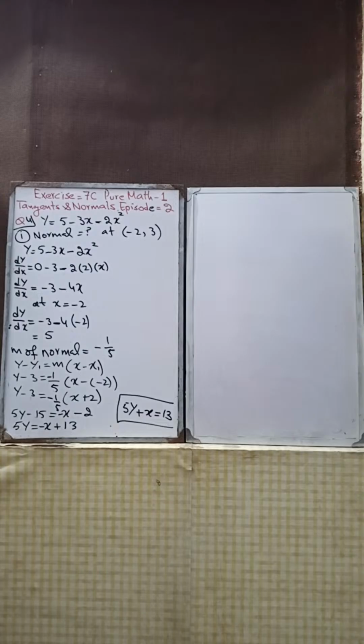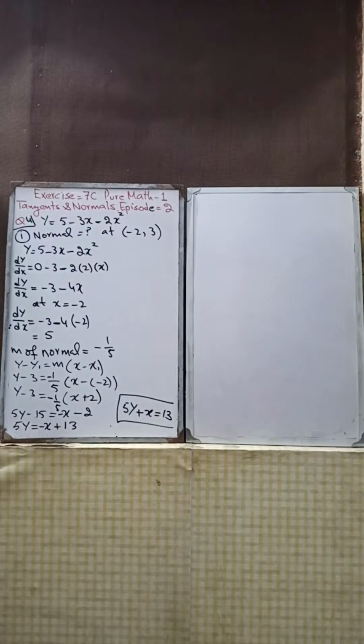Okay, so we will take the curve's equation, y equals 5 minus 3x minus 2x squared, and differentiate it. The derivative of 5 is 0, the derivative of minus 3x is minus 3, and the derivative of minus 2x squared is minus 2 times 2 times x. So the derivative becomes minus 3 minus 4x.